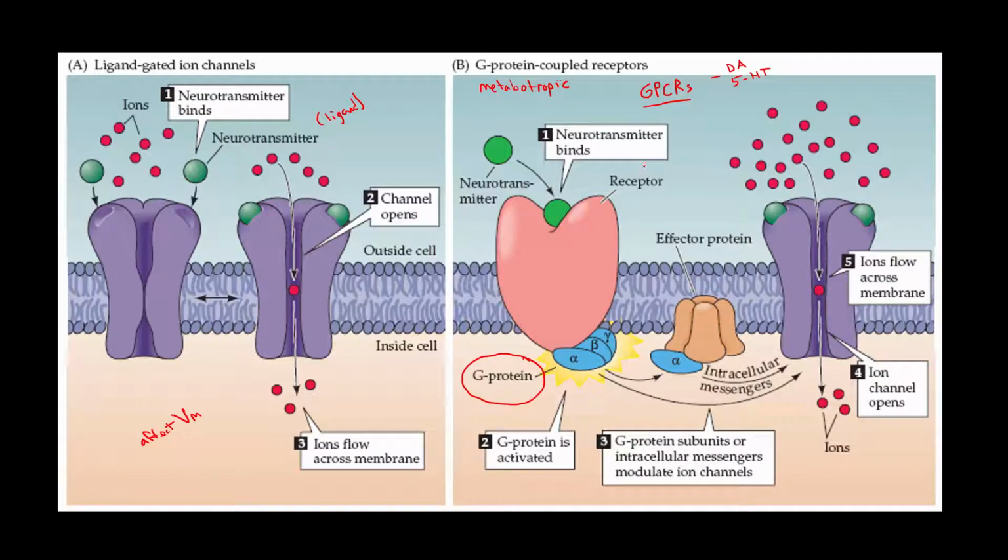If something is a GPCR, what you can tell me about it is that when ligand binds to it, G proteins are activated. Those activated G proteins are then going to go affect other biochemical reactions and have an effect in the postsynaptic cell. Okay, so in a general sense, that's what an ion channel, an ionotropic receptor, and a GPCR, a metabotropic receptor, are.